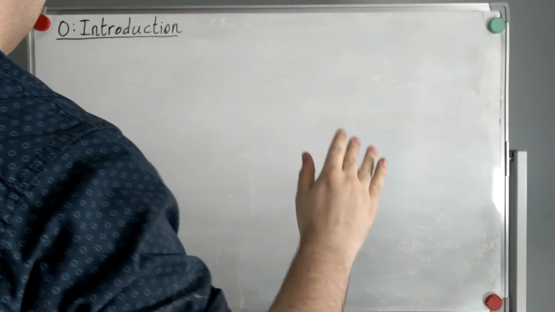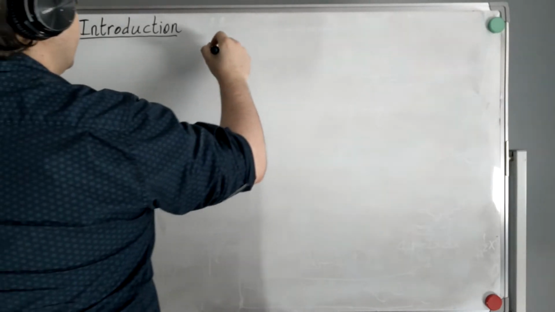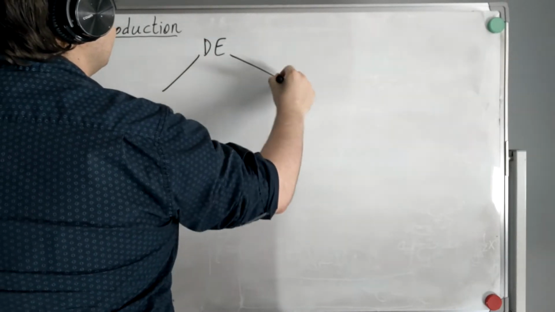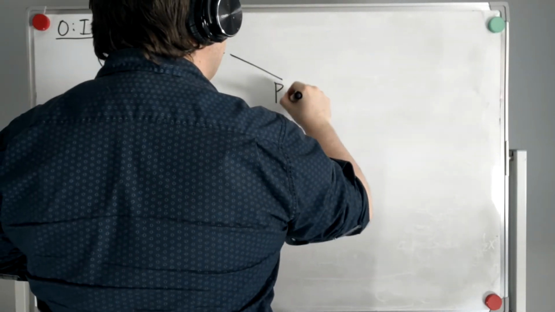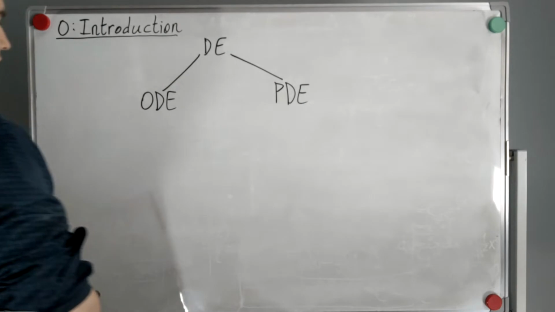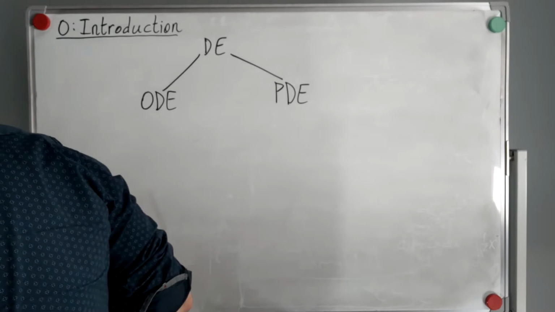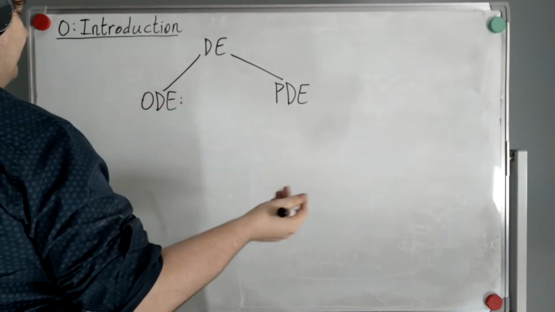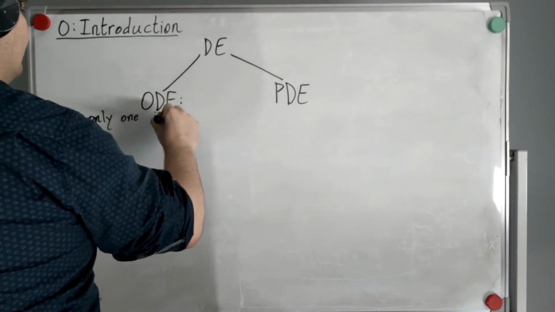Now, the first step in classifying a differential equation is whether it is ordinary or partial. So, differential equations, we have ordinary differential equations, and then we have partial differential equations. Ordinary differential equations are differential equations that have only one independent variable.